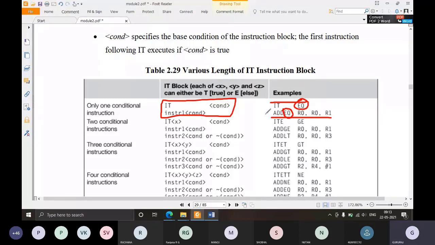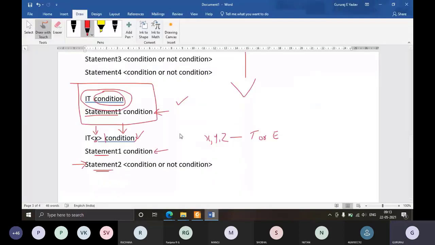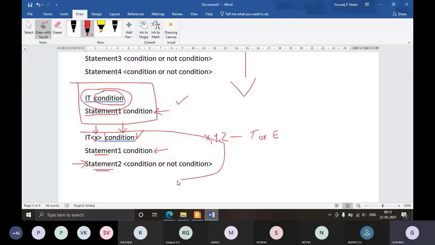So what is the second variant? IT instruction with 2 statements. In this case, there is a need of X because it will tell you when statement 2 should execute. By default, statement 1 will execute if the condition for IT is true. So what about statement 2? When should it execute?